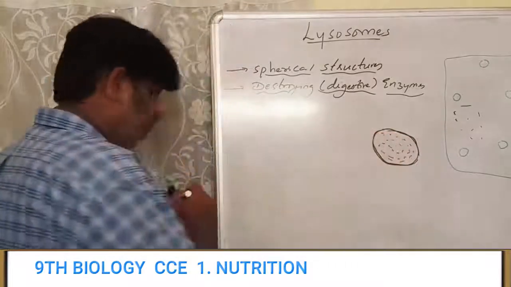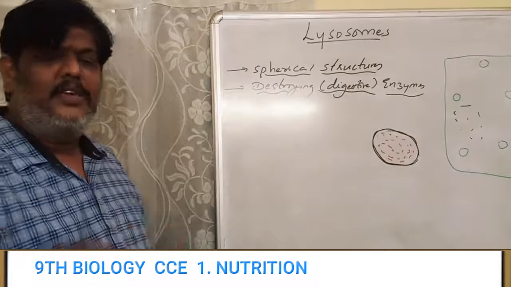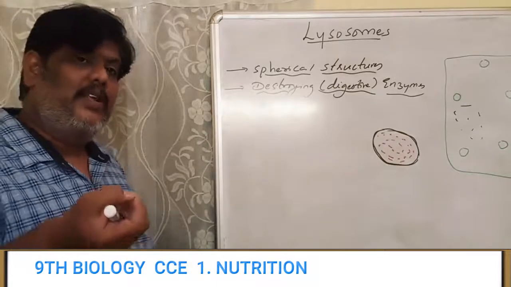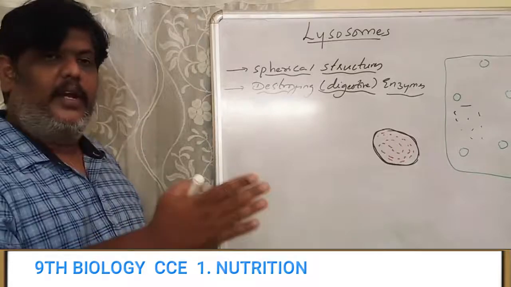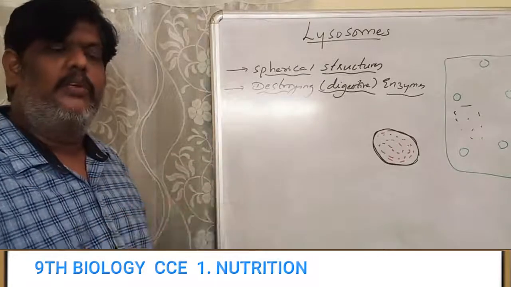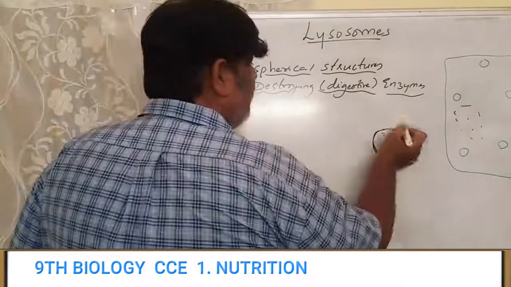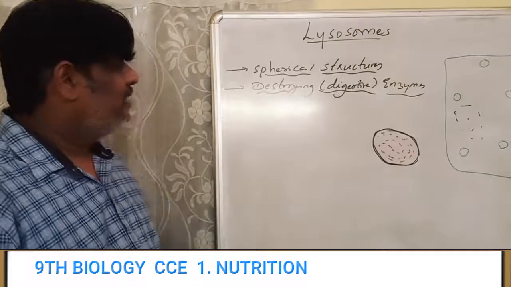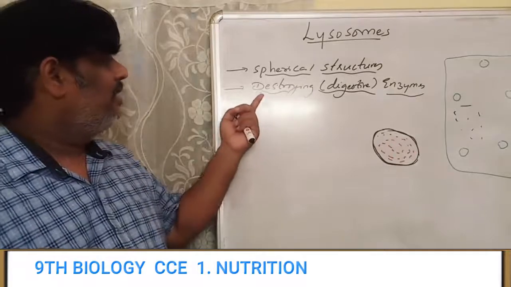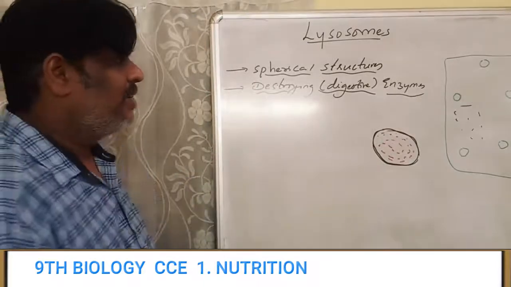Sometimes when we take in food materials, if a cell gets food materials, digestion has to occur in the cell. The carbohydrates, proteins or fats should be broken down into simple pieces, so these lysosomes will break them. That is the work of the digestive enzymes, the destructive enzymes present in the lysosome.